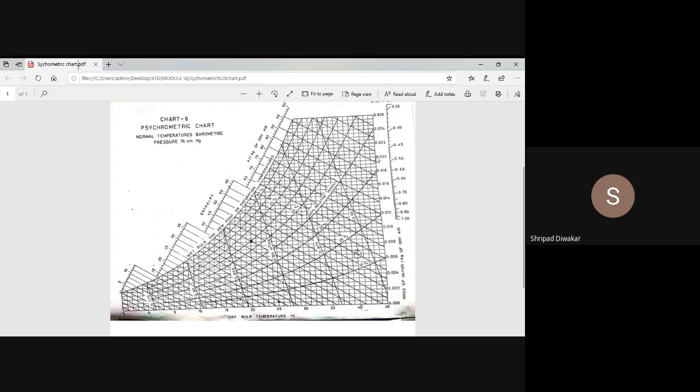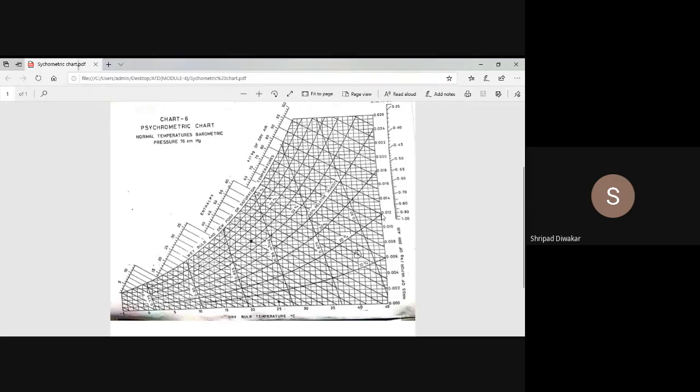Suppose you are going to find out the WBT of 25 degrees Celsius. Dry bulb temperature is your vertical line, so you just move up from 25. If you take the horizontal direction, that gives the value of DPT, and if you move in the inclined direction, what is the specific humidity at 25 degrees WBT? It is 0.012.